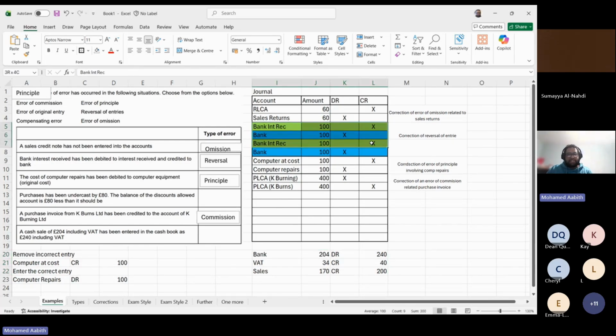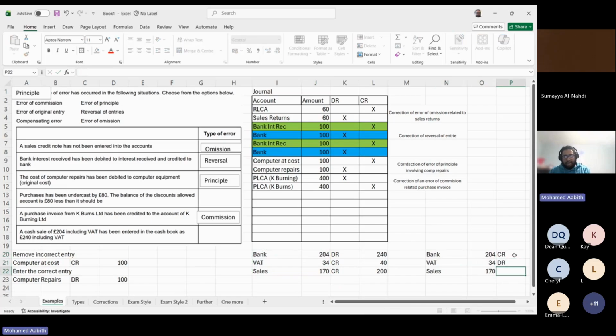Remember when I showed you this time? What we do normally when we make an error like that is we first remove all of these amounts. So we'll go to the journal and put them credit, debit, and debit. So we remove this incorrect entry. Oh, sorry, no, we should have done this one. This is the incorrect entry, 40, 200. This is what was done, and this is what should be.